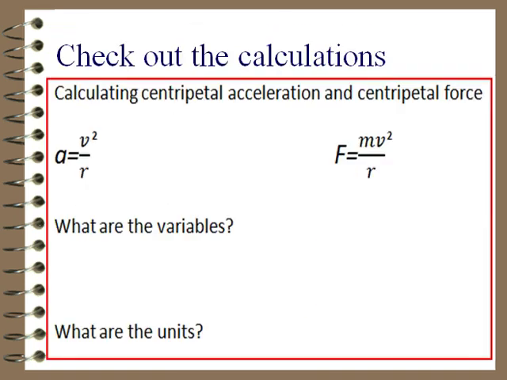Okay, and so now let's talk about the calculations, and these are written also in your notes too. Calculate the centripetal acceleration and the centripetal force. What are those variables? We know that acceleration is a. We know that speed, or velocity, is v, and in this formula you've got to square the velocity, so that just tells you how important your speed is going around a curve mathematically.